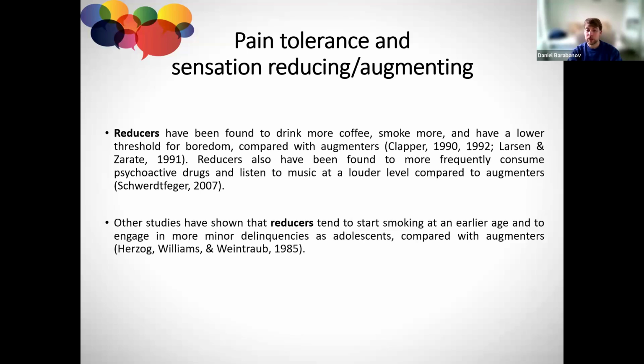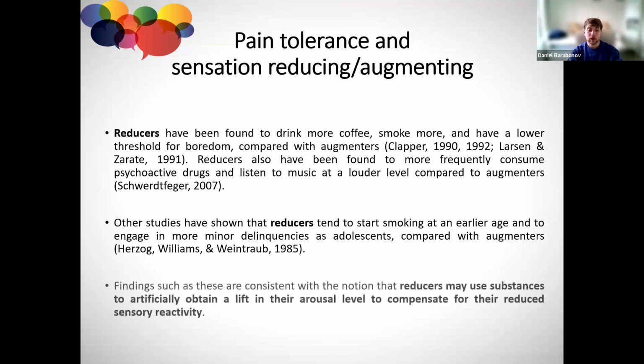Those reducers tend to start smoking at an earlier age and engage in more minor delinquencies as adolescents compared with augmenters. So this is an interesting source of possible personality differences connected with sensation seeking, which we discussed in previous lectures, including dispositional and biological domains.